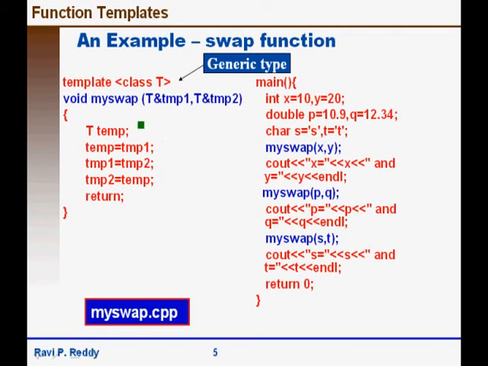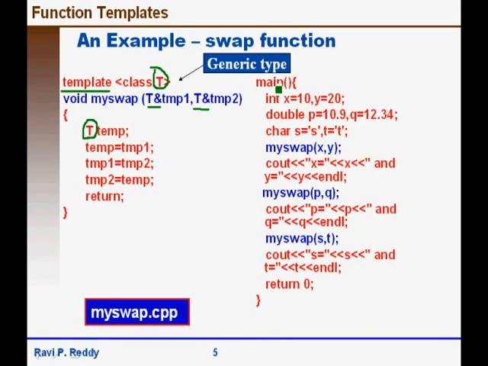Here I have changed the function name from swap because it conflicts with an internal library function of C++. We're calling it myswap here. This is a function template with the unspecified type T. Here are the two variables of the type T. Here is another temporary variable of type T. Now, here's the function call.